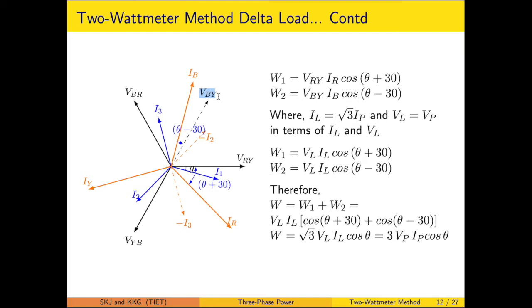So as suggested, the angle between VRY and IR is theta plus 30 degrees. Here the angle is theta minus 30 degrees. This 30 degrees comes out because of the angle between I1 and IR. So on similar lines, you will be able to write W1, W2 in terms of the line parameters.